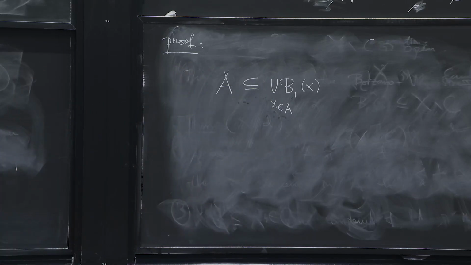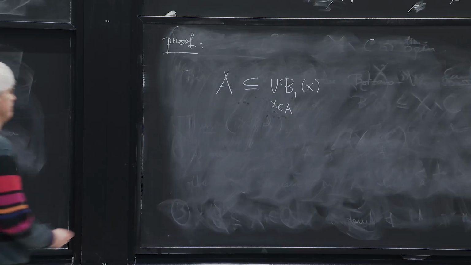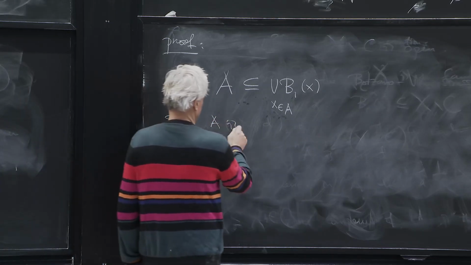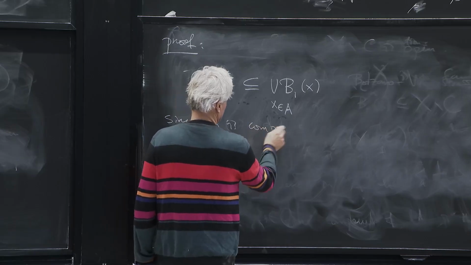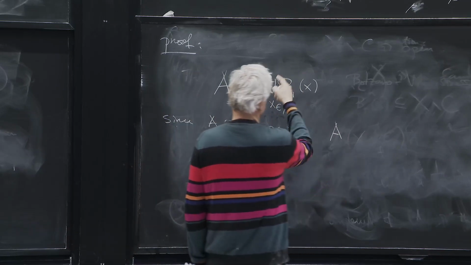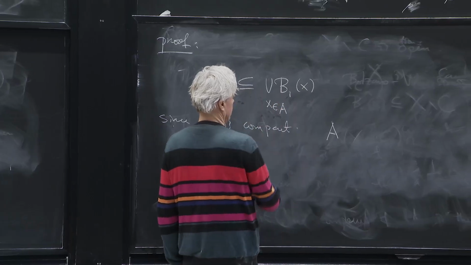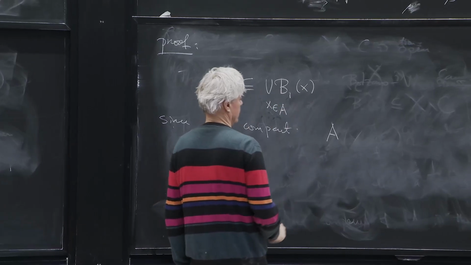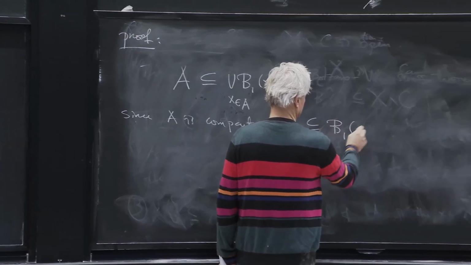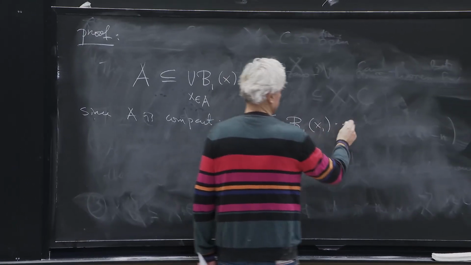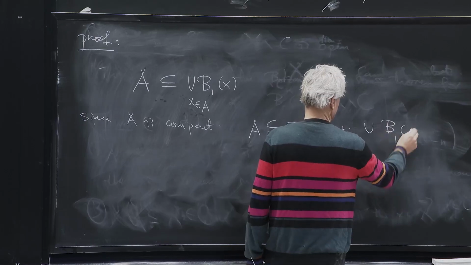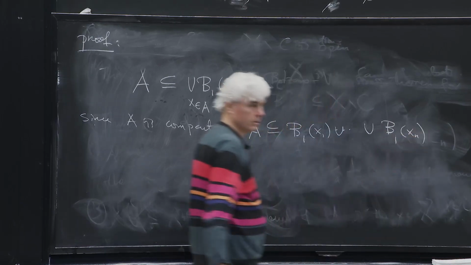Now, since A is compact, this is an open cover, so this means that finitely many of them already cover A. So you have finitely many, like this, okay?